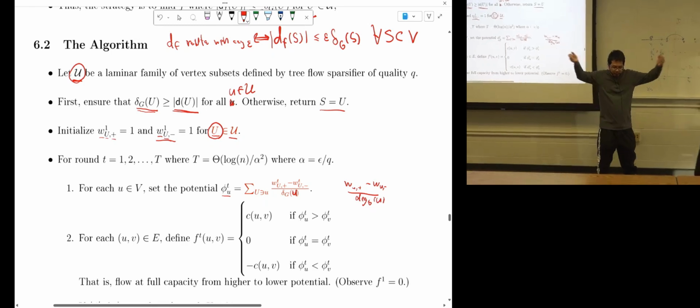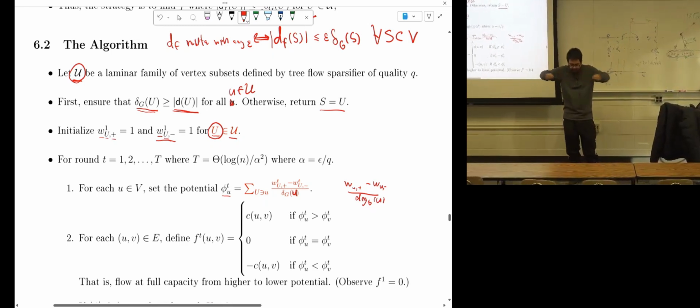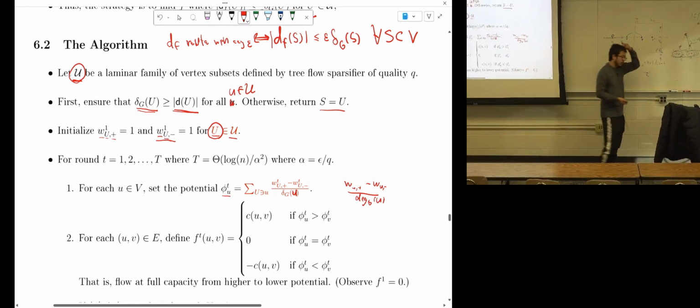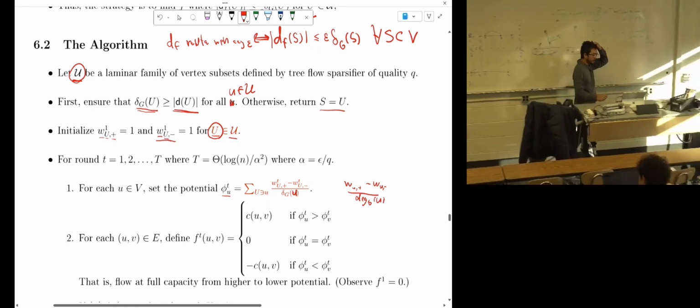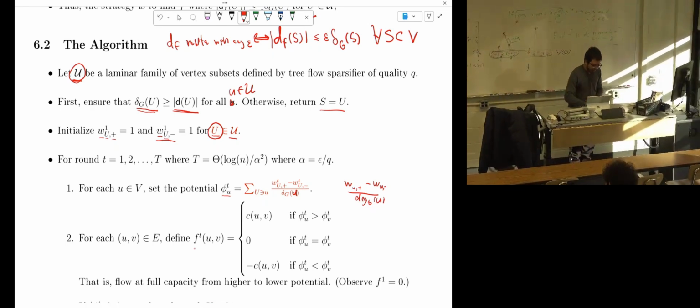Still, it just puts every vertex onto a real line. That's the potential. And once you have the potential, you define the flow like before: just send from higher to lower potential.